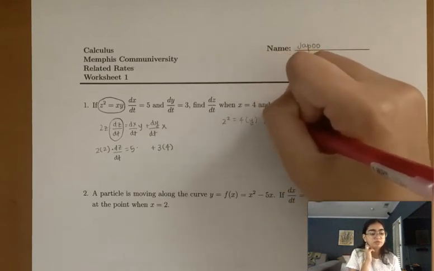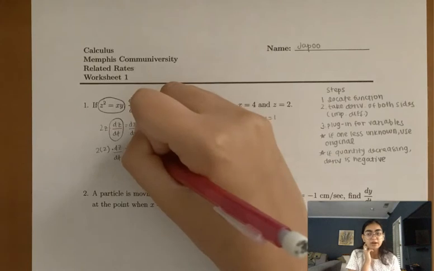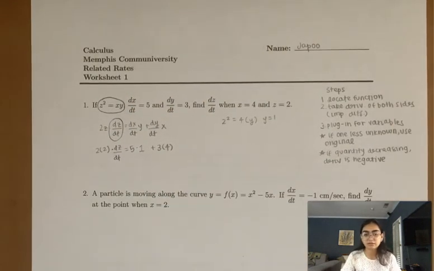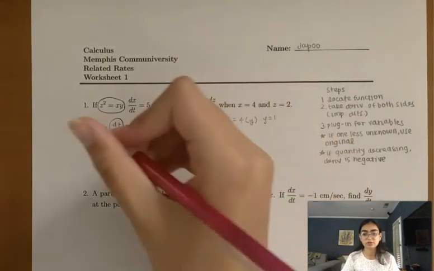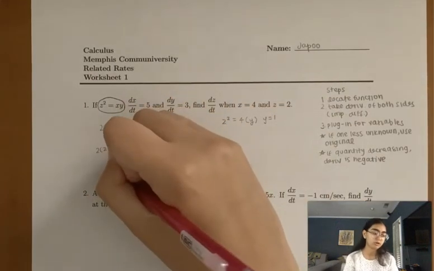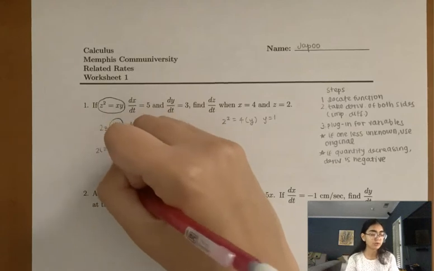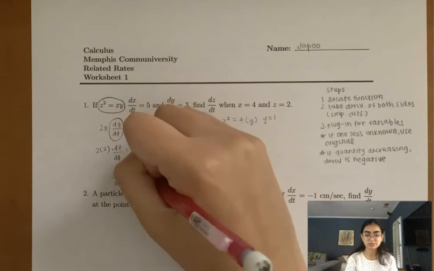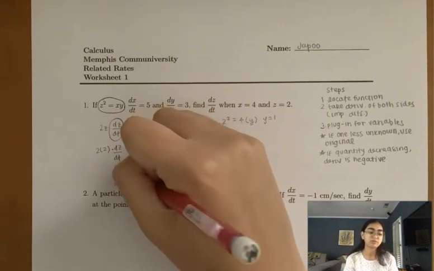So here we use the original equation to find a variable that was not given. And then we plug that back in to the derivative equation that we have. Our answer will be 17 over 4, because we're going to get 5 plus 12, and then we divide by 4 to isolate dz over dt, which gives us 17 over 4.